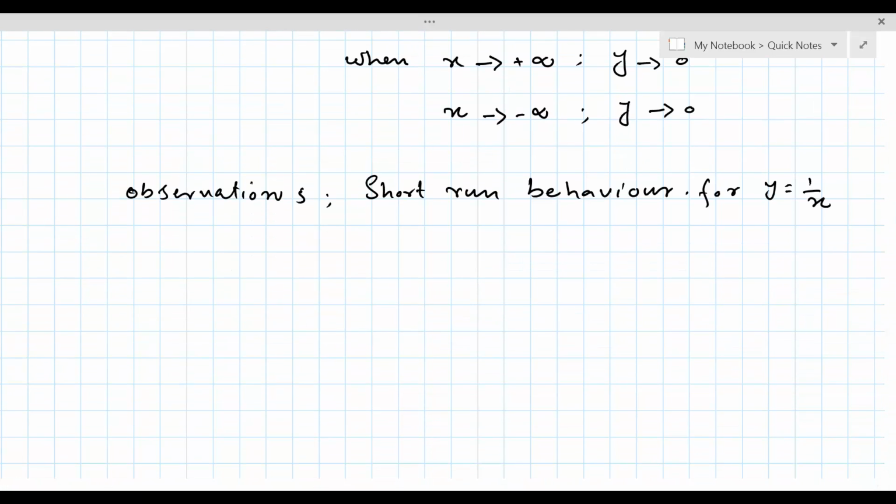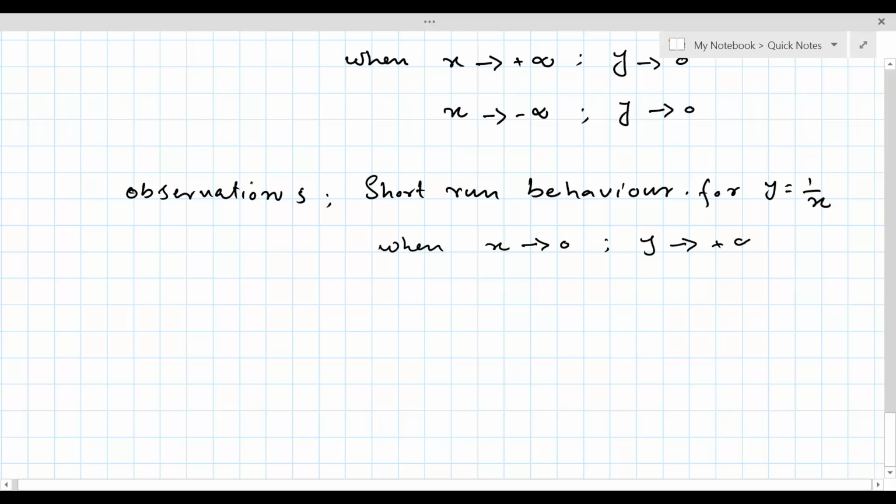If x becomes very small, when x approaches 0, y approaches plus infinity. Similarly, if x approaches 0 from either side, y becomes either negative infinity or plus infinity.